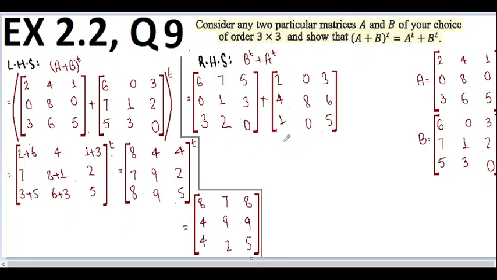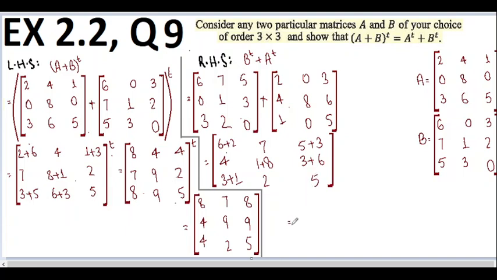Now we are going to add these two matrices together, so we are going to add the corresponding entries of the two matrices. 6 plus 2, then 0 plus 4 gives us 4, 3 plus 1, 7 plus 0 gives us 7, 1 plus 8, and 2 plus 0 gives us 2, then 5 plus 3, then 3 plus 6, and then 0 plus 5 gives us 5.